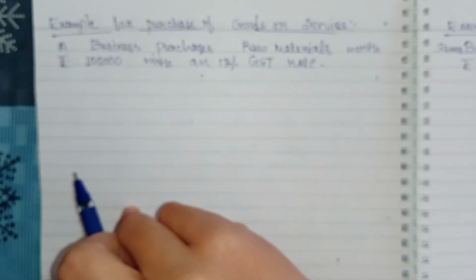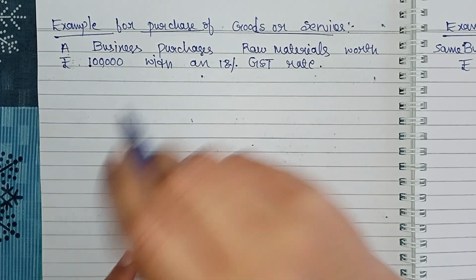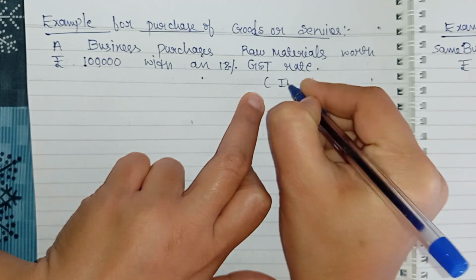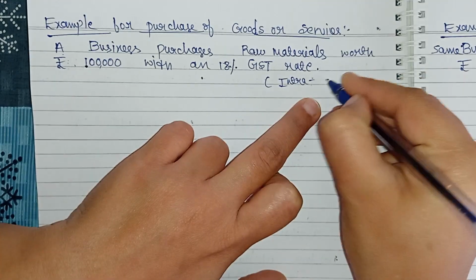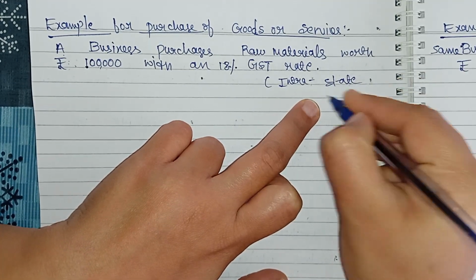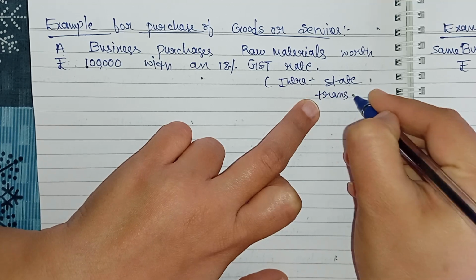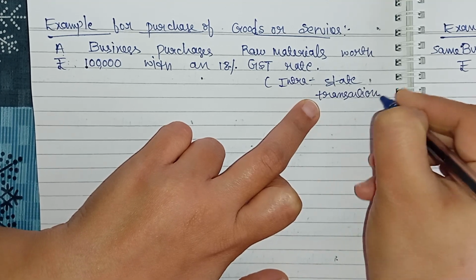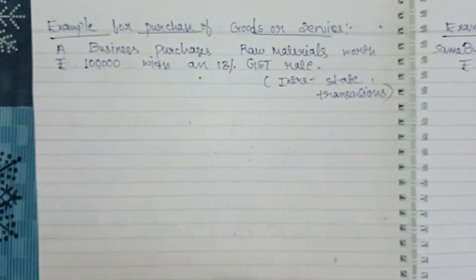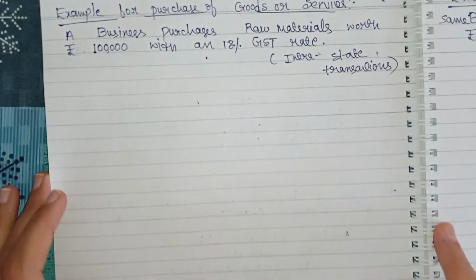This is assumed to be an intrastate transaction. So here we need to debit input CGST and input SGST account. First we will do the calculations.